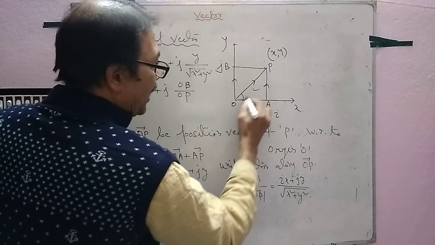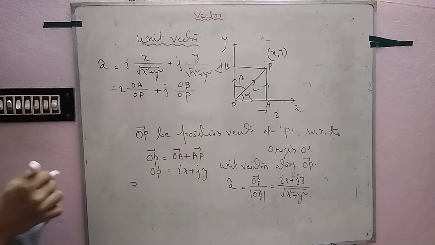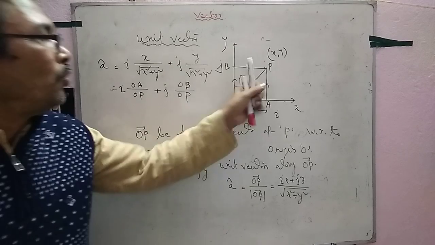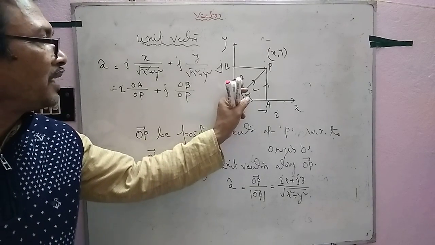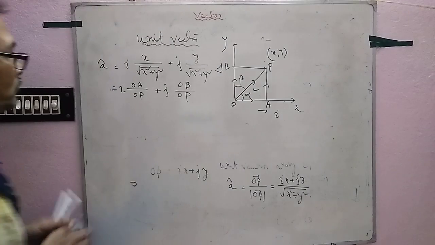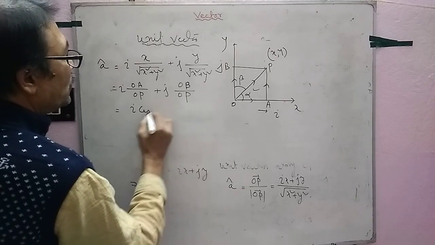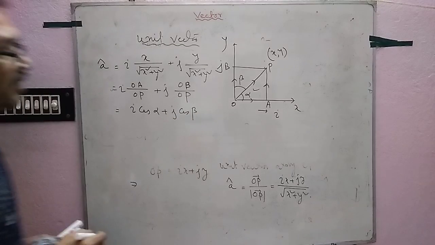Suppose this angle alpha and this angle beta. The OA vector makes an angle alpha. The OP vector makes an angle alpha with the x-axis and makes an angle beta with the y-axis. So what will be the result? OA by OP equal to i cos alpha plus j cos beta.